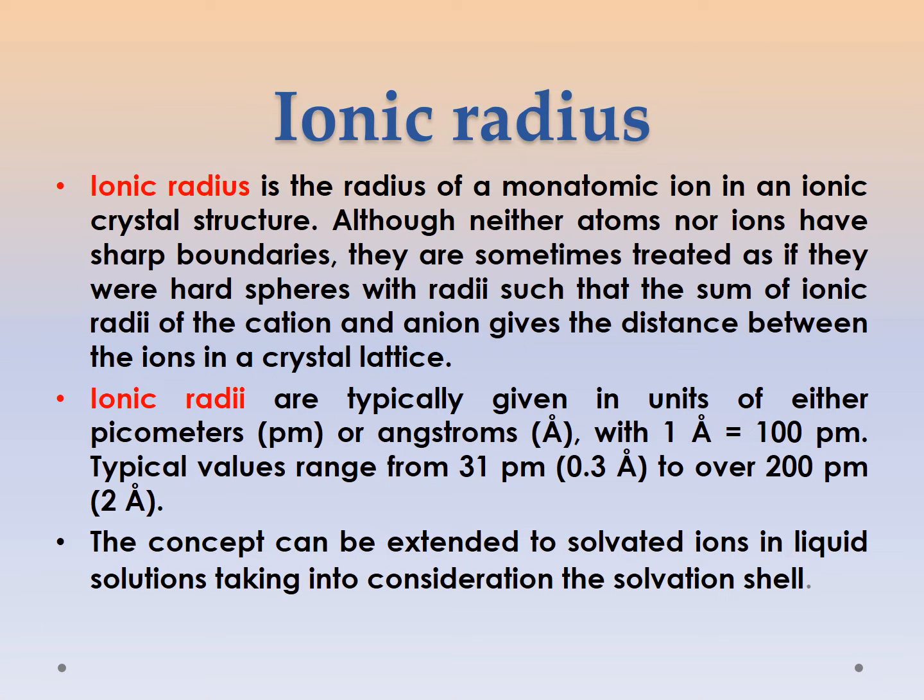Ionic radius. Ionic radius is the radius of a monatomic ion in an ionic crystal structure. Although neither atoms nor ions have sharp boundaries, they are sometimes treated as if they were hard spheres with radius such that the sum of ionic radii of the cation and anion gives the distance between the ions in a crystal lattice.